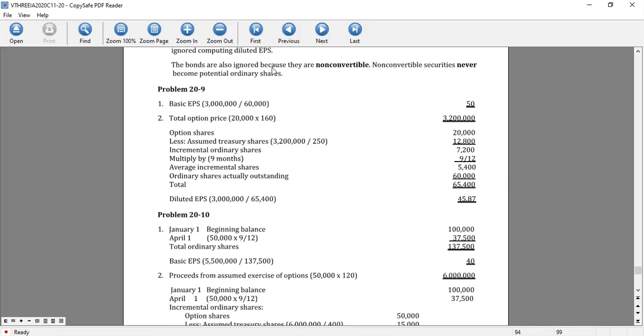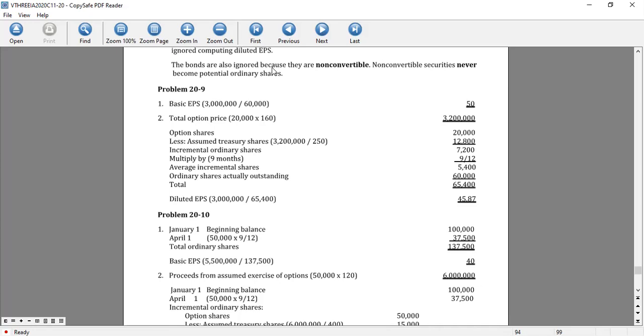So we have now the option shares equal to 20,000, and we have now the assumed treasury shares of 3,200 shares. We multiply by the option shares of 20,000, and we have the assumed treasury shares.